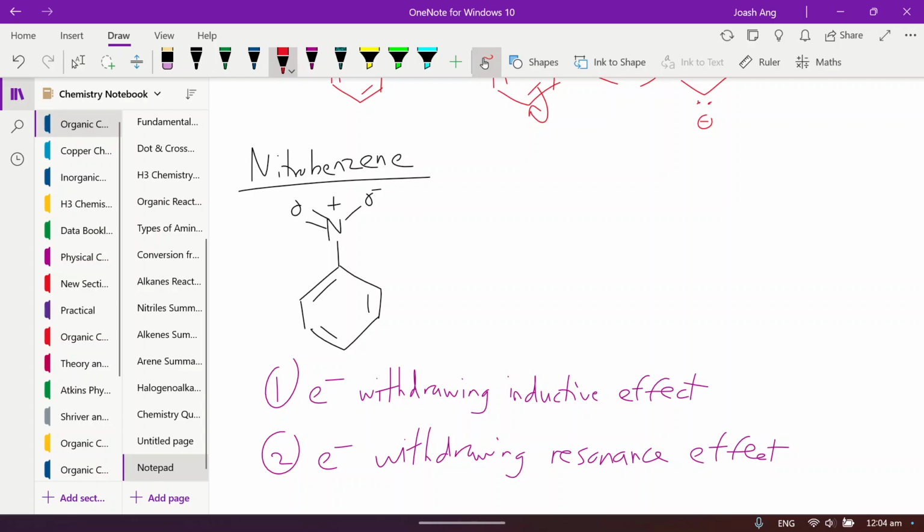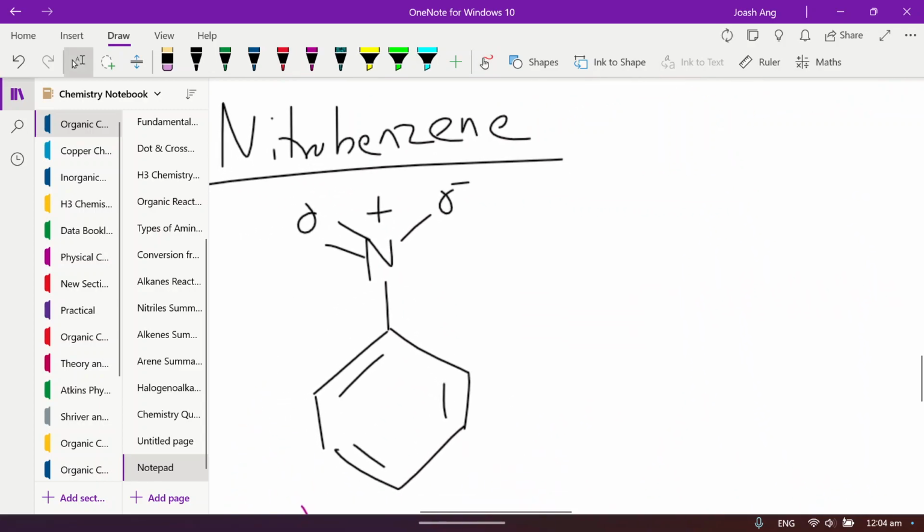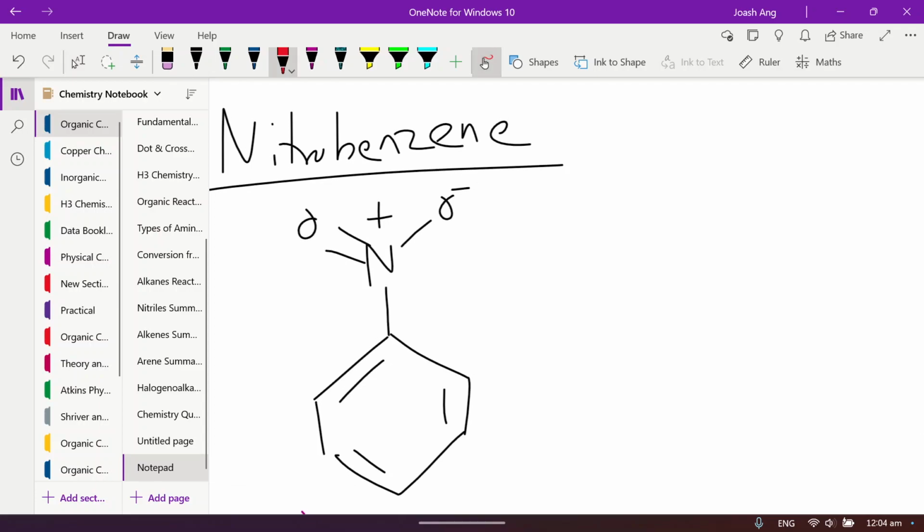Alright, so how this will work is that remember what I say, electron rich go to electron poor. So for this case, my lone pair on the oxygen will go, actually no, it won't go here.